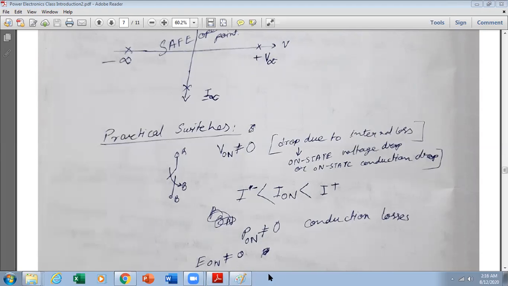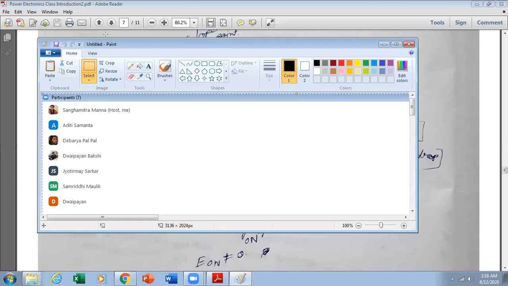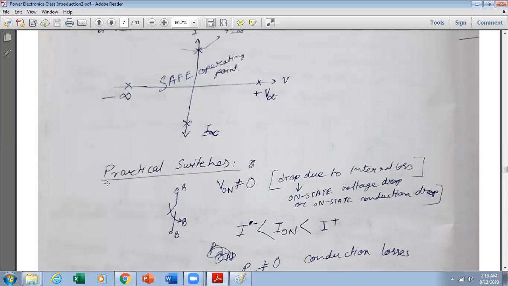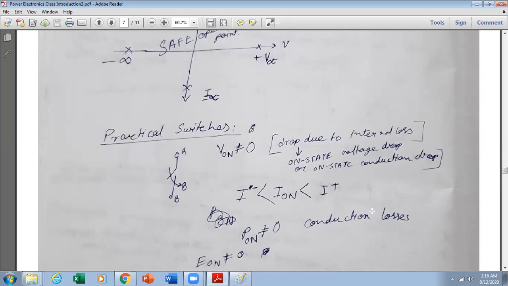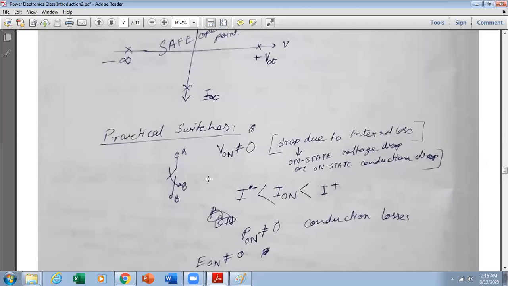So we will consider the practical switches. This is the practical switch. It is a closed switch. You can understand, here the voltage across this switch when it is in on state will not be zero.